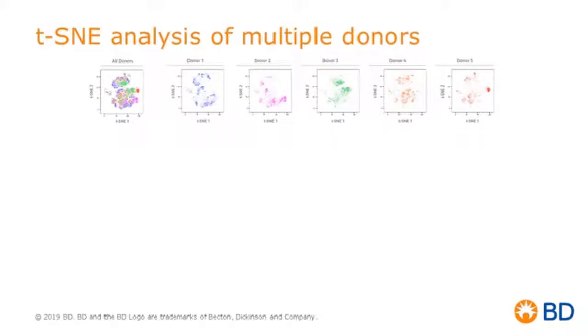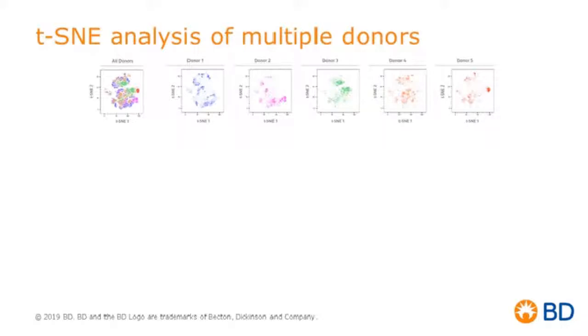We can create a t-SNE plot, and now we can tease out each donor and see their clustering and their distribution of cells. And what is very obvious, if you're now looking at the individual donors outside of the concatenated file, is that for donors 1 through 5, you can see unique clustering patterns.